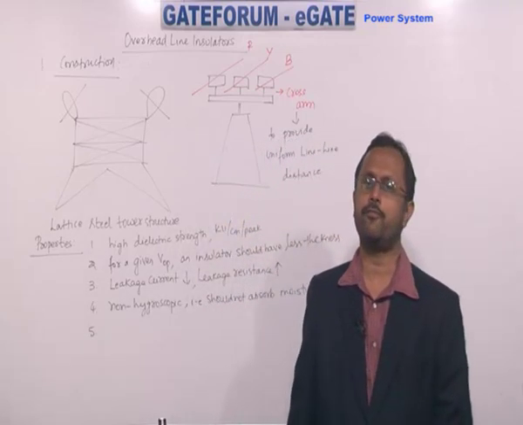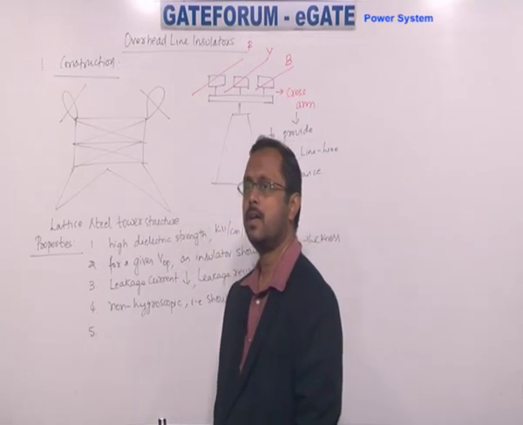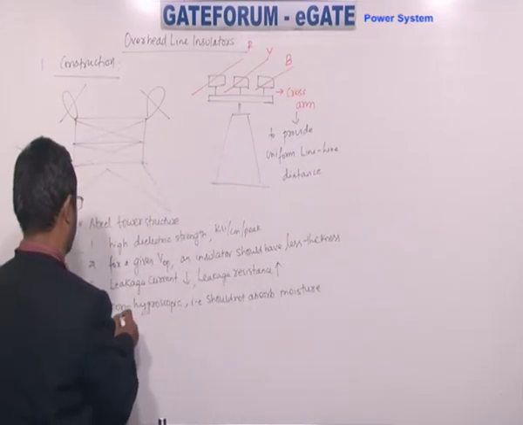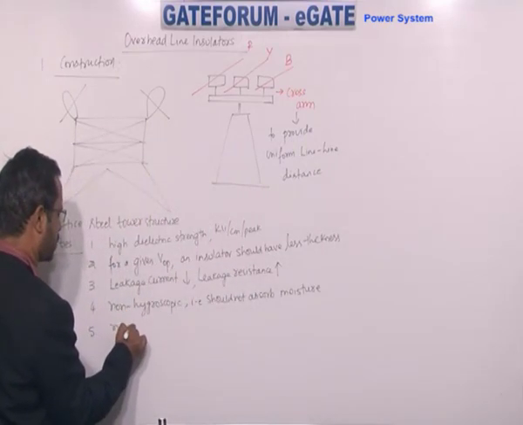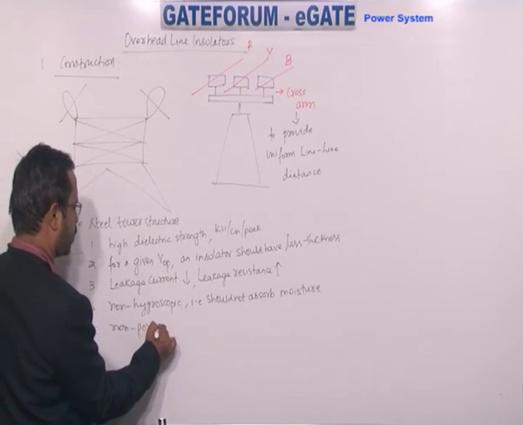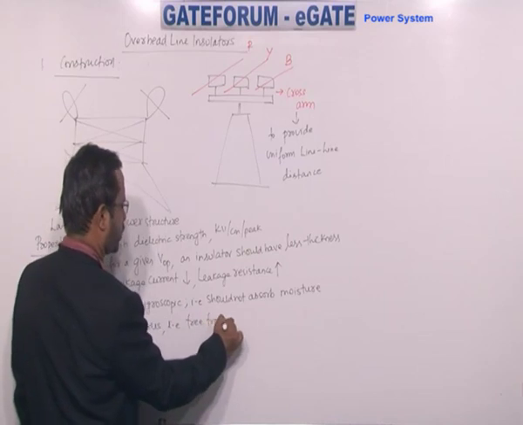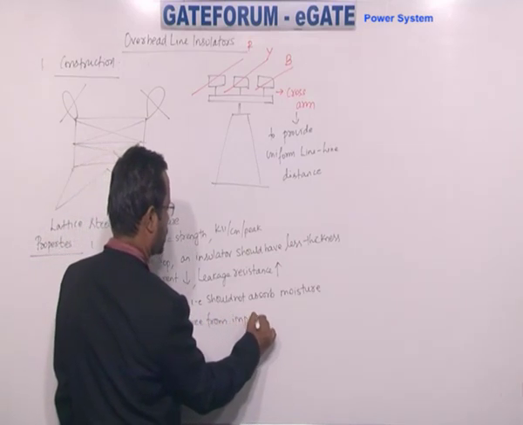So how do you name free from impurities? An insulator must be non-porous. That means it should be free from impurities.